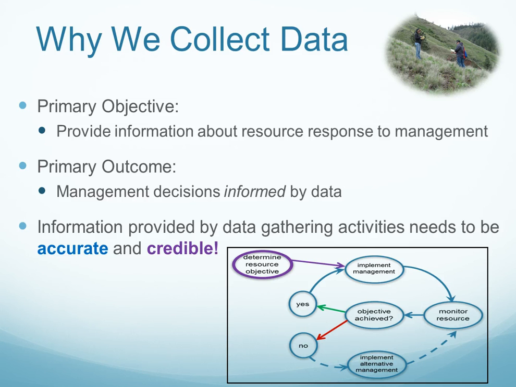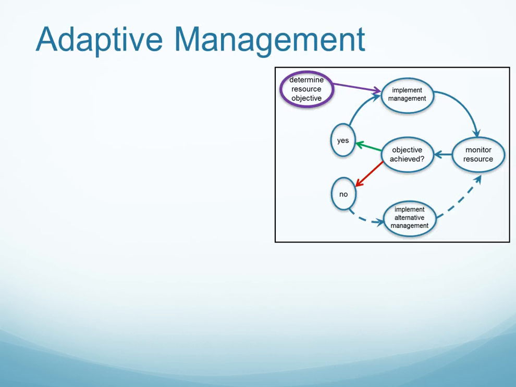As we see in this diagram of the adaptive management cycle, the data gathering or monitoring the resource is the primary step before we can determine whether or not the objective has been achieved. Let's review this in a little closer detail.